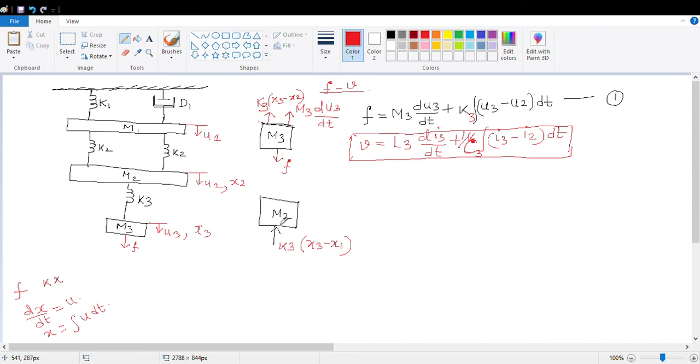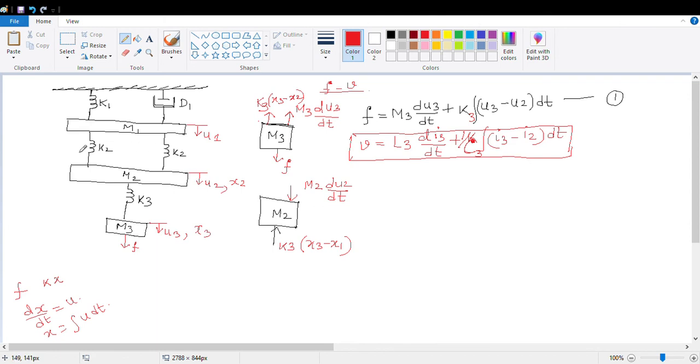So this force must be opposed by certain forces. What are those forces? Well, M2 itself. So M2 itself means it must be restrained by M2 dU2/dt. Now, what are the other elements? Two spring constants are present on M2.